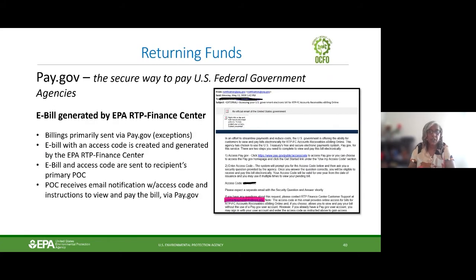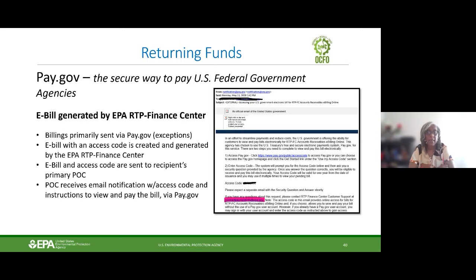So, we do this one of two ways. Once your final FFR has been reconciled by the grants branch, and if it's found that your agency owes the EPA funds, as Peter stated, an accounts receivable request will come to my department, and what we will do is generate a bill within pay.gov.